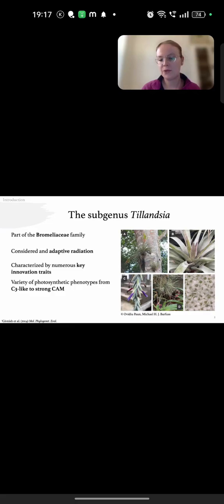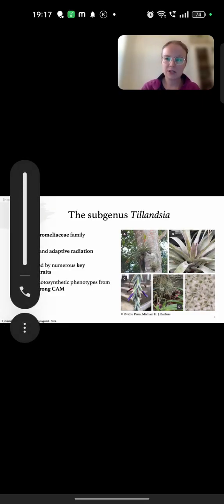You also have specific evolved types of trichomes, a very large variety of flower color and structure. But what we also have as a listed key innovation trait in this group is the evolution of CAM photosynthesis. I will introduce CAM a little bit later in the talk to catch everybody up on that.